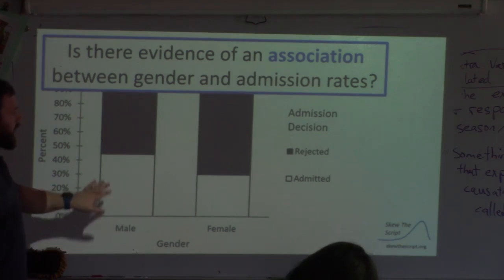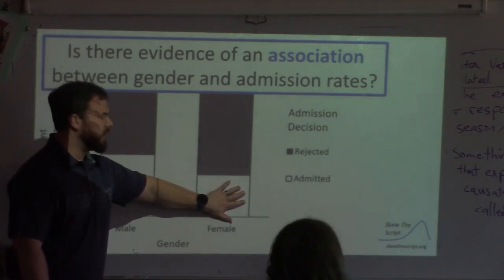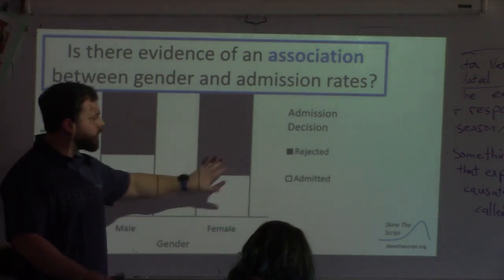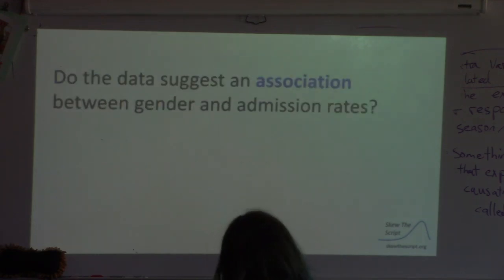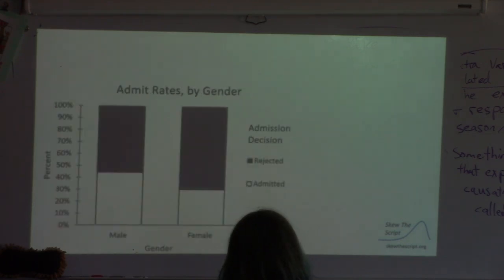Yes. Males are admitted at a higher rate than females. Notice we're looking at conditional probabilities, not just overall admissions. If we change from male to female, females have a lower rate of admission. Fair enough. So do the data suggest an association? We already said the answer is yes, but let's look further at it. Translation: do admission rates differ between the two groups?